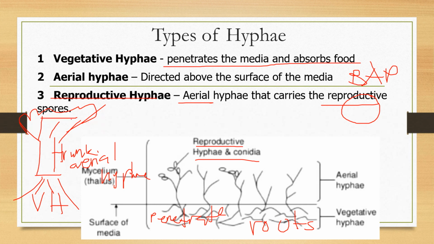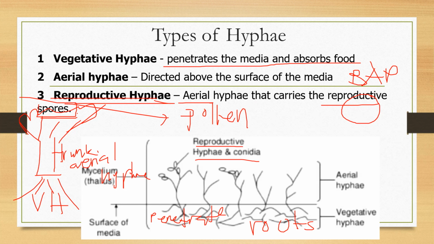And the last type of hyphae is the reproductive hyphae. This is like the branches class that would contain the spores. Itong spores na to, if we try to compare this to plants, they are like pollen. So once these spores are inhaled, once these spores are transferred to another media, they could reproduce.